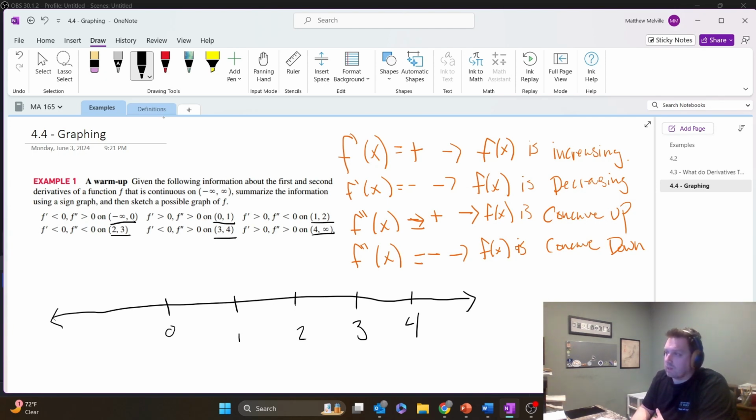So I look at this right here and it says my derivative is less than 0. If my derivative is negative, then I know my function's decreasing. So I'm going to say decreasing right here. And I know my second derivative is positive, so it's concave up. So I know it's decreasing and concave up.